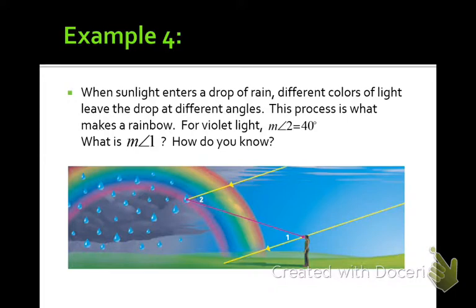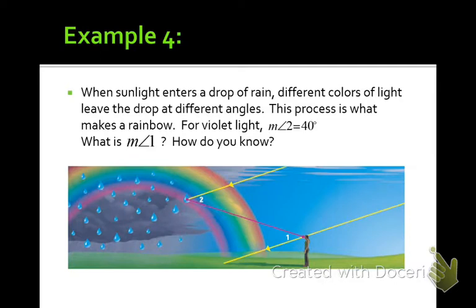Let's hear from somebody different. Alex, why do you think angle 2 equals angle 1? They're the same. Angle 2 and angle 1 are the same. How do we know that? Which one of our relationships is it?